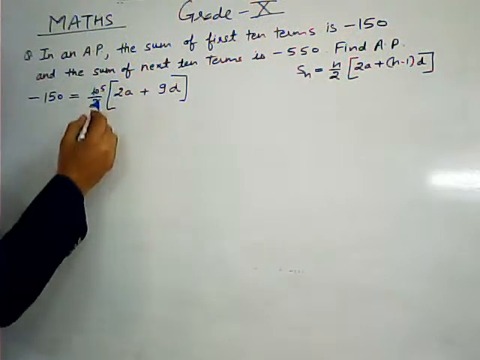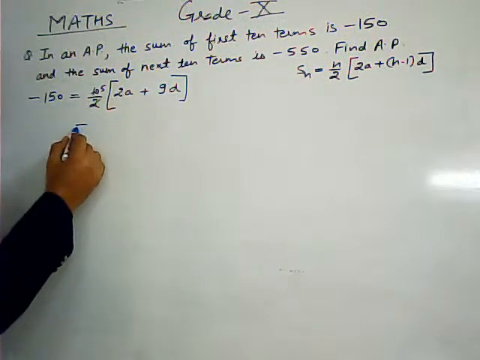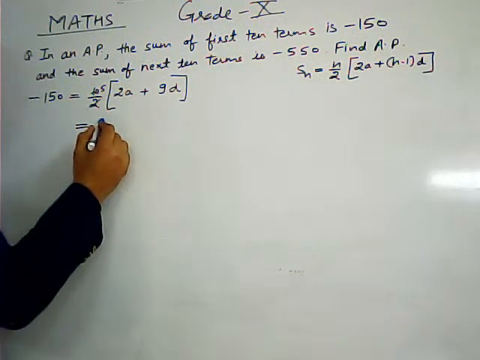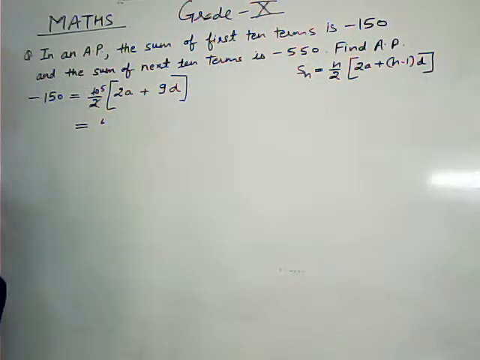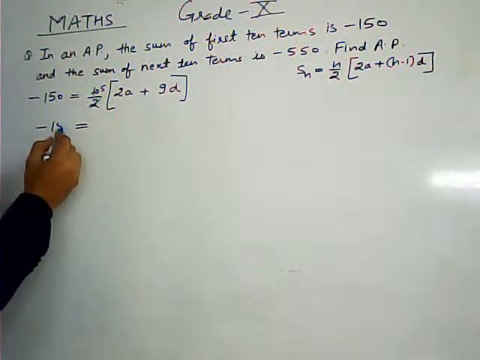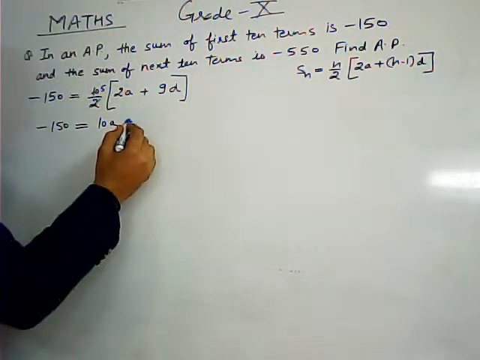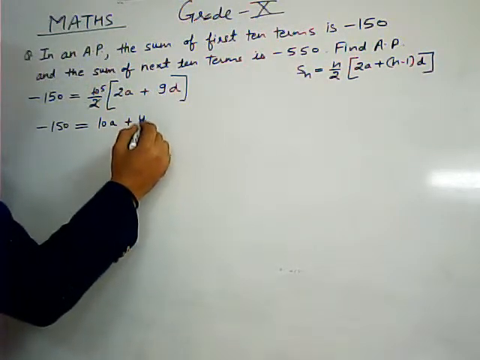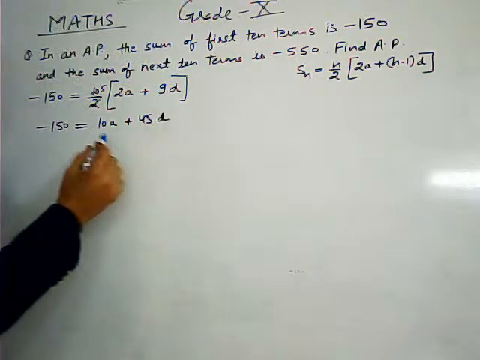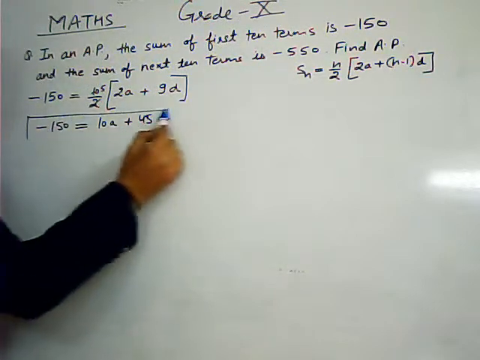This is 5, so opening the bracket, 5 twos are 10. So minus 150 is equal to 10a plus 45d. This is the one equation.